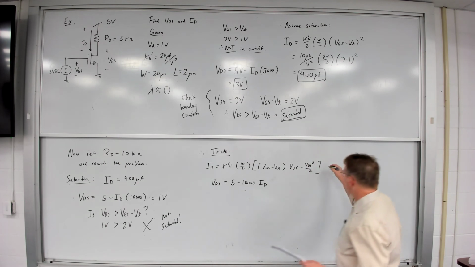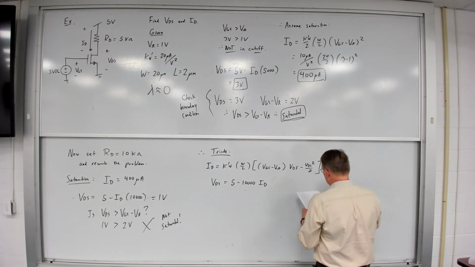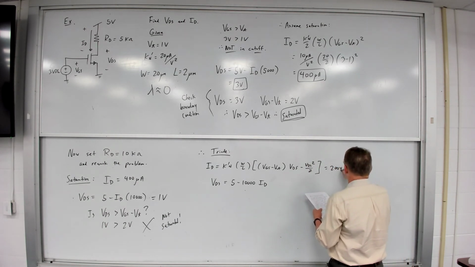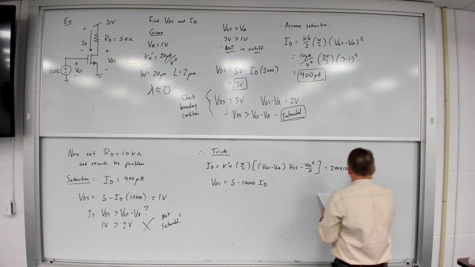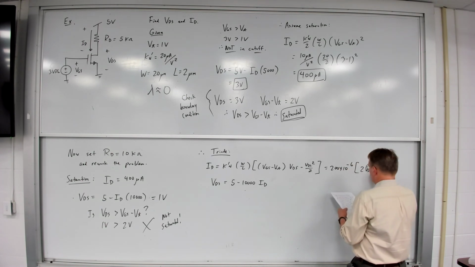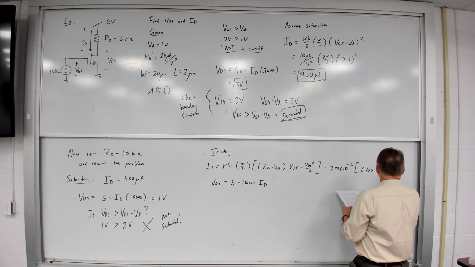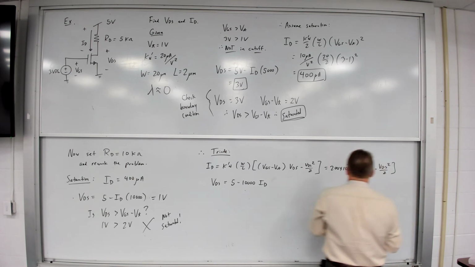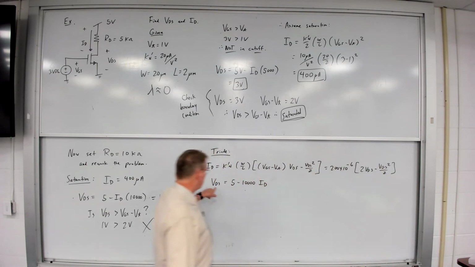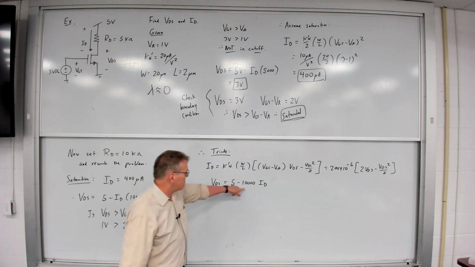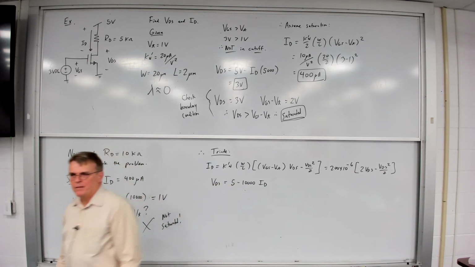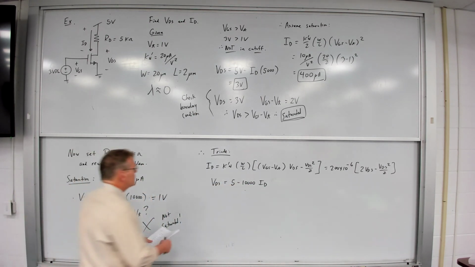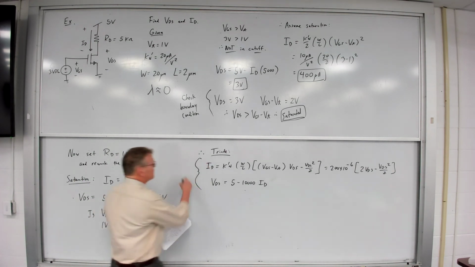So if I plug the numbers in for the top equation, what I'm going to get is 200 times 10 to the minus 6 times 2 times VDS minus VDS squared over 2. And then I've got this equation, VDS is equal to 5 minus 10,000 times ID. So, 2 equations, 2 unknowns.